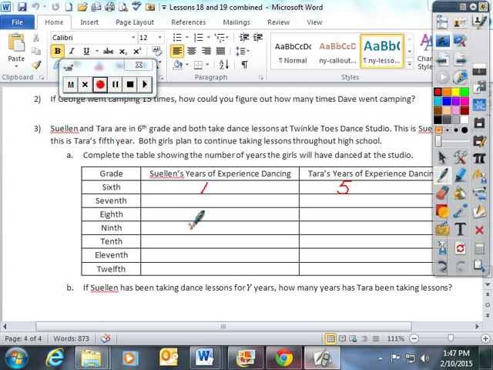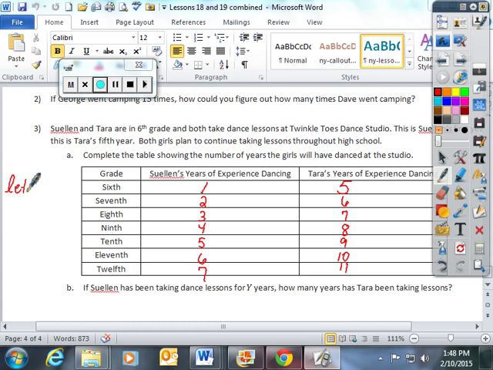This is going to increase by 1 every year. She's going to gain 1 more year of experience. Same here with Tara. And I'm going to ask the students to take a look at this and do the same thing we did in lesson 18, but now we have a table.